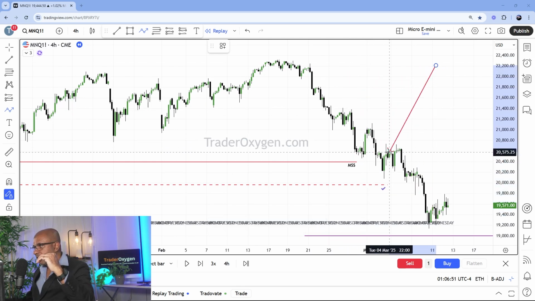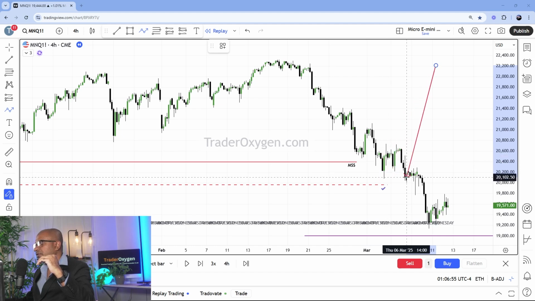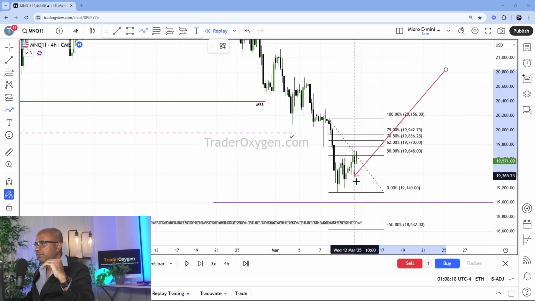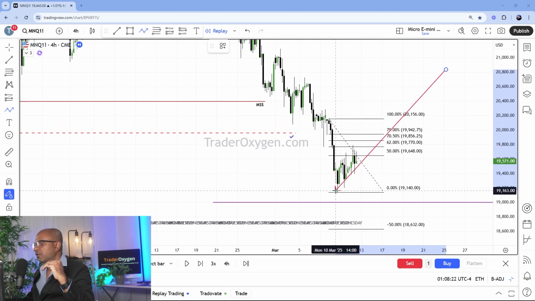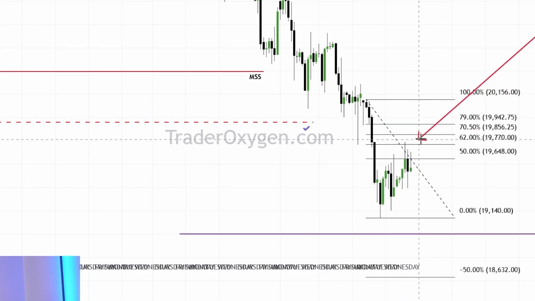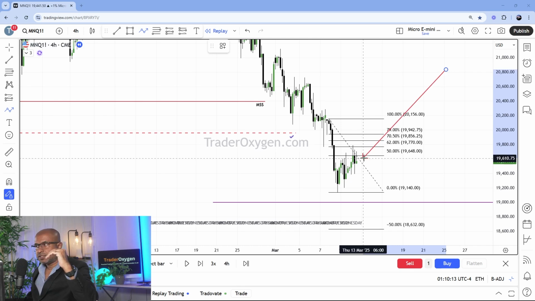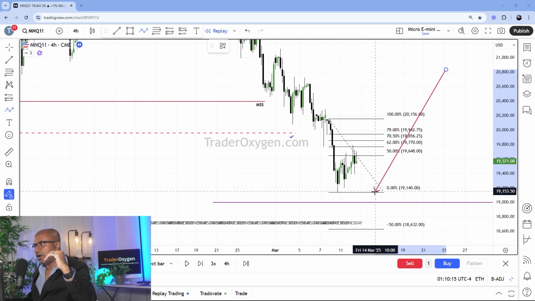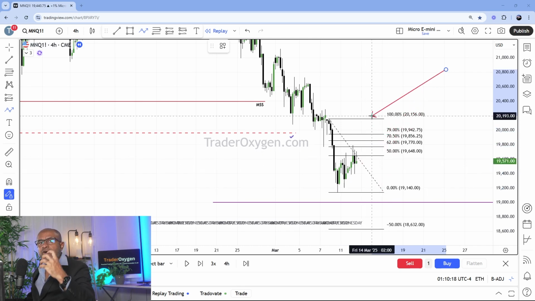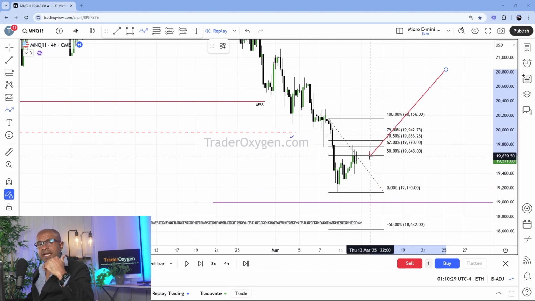You can see the price is pushing down and making a break of structure over here, another break of structure over here. Also, if you put the fib retracement from this swing high to this swing low for this swing leg push down, you can see the price retrace into fib 62%. So there's a possibility where the price could push down, and looking at all these facts, the 4-hour market structure is also bearish, so we will be looking for a sell entry.